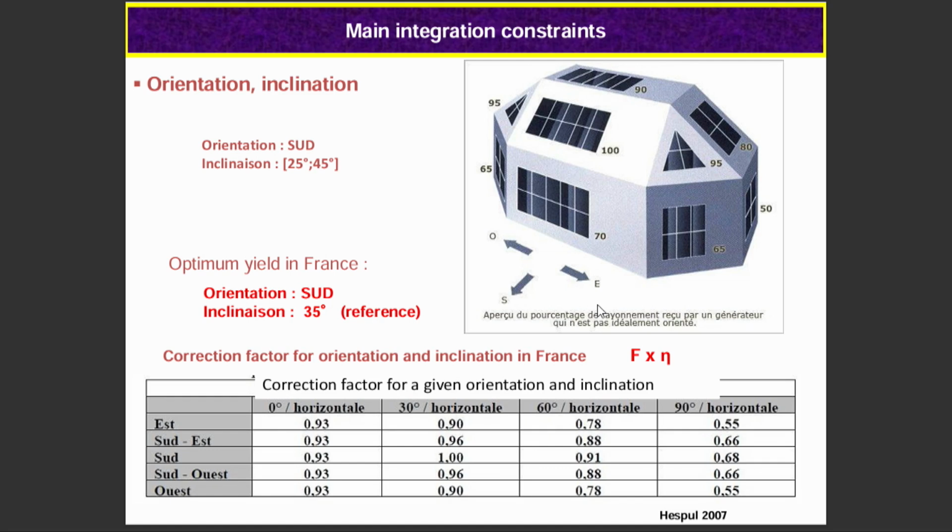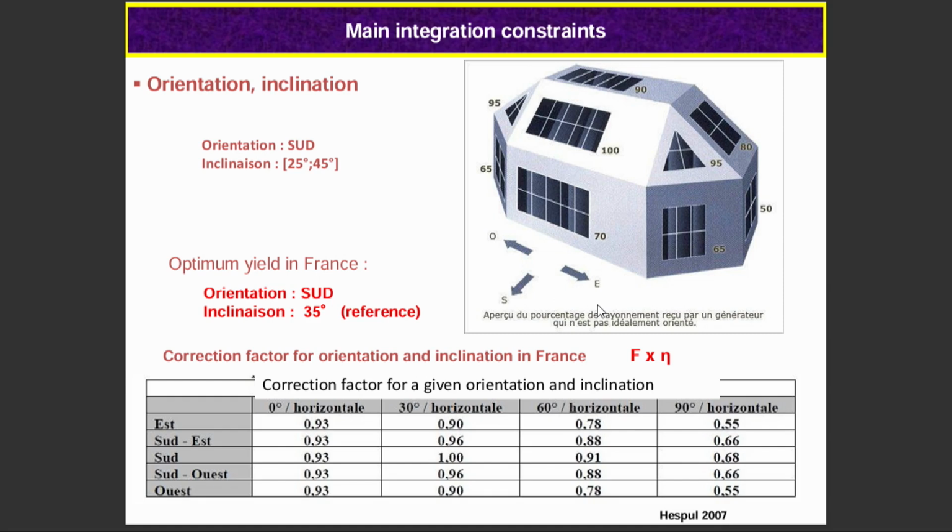So it could be translated in what we call correction factor for orientation and inclination. And it's easy to identify if you are fully horizontal at east, southeast, and so on.